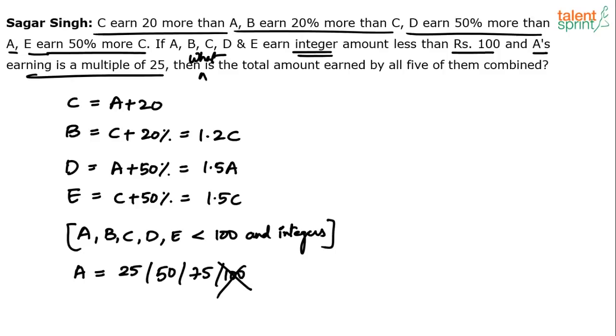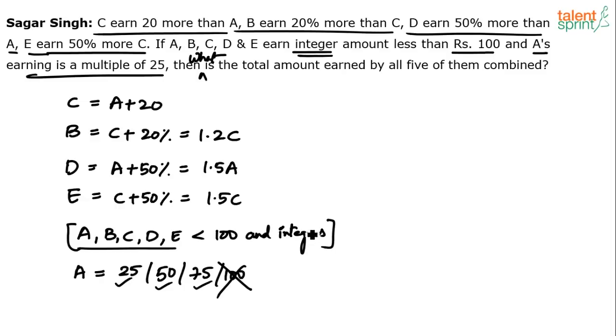A cannot be 100 because it says all of them earn less than 100, and 100 is not less than 100. So 100 is eliminated, and A can be 25 or 50 or 75. There are 3 possible answers, so how do you know what exactly is the value here?